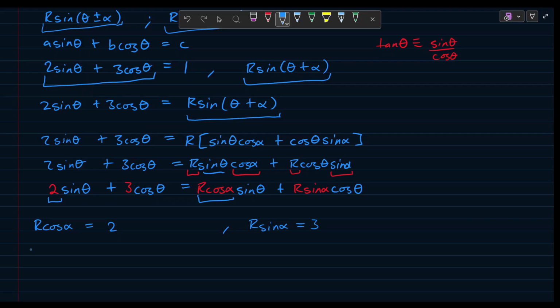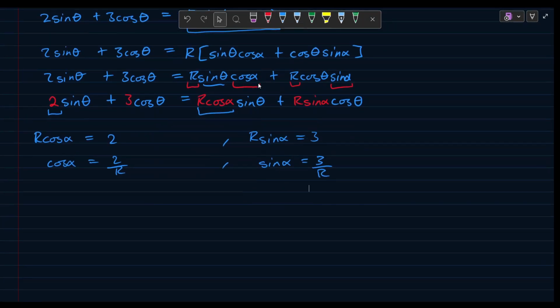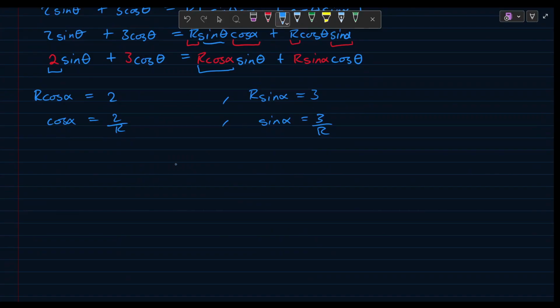So if we make cos alpha the subject of the formula here, cos alpha is equal to 2 over r, and here you'd get that sine alpha is equal to 3 over r. And we can use this information to draw a right-angled triangle.